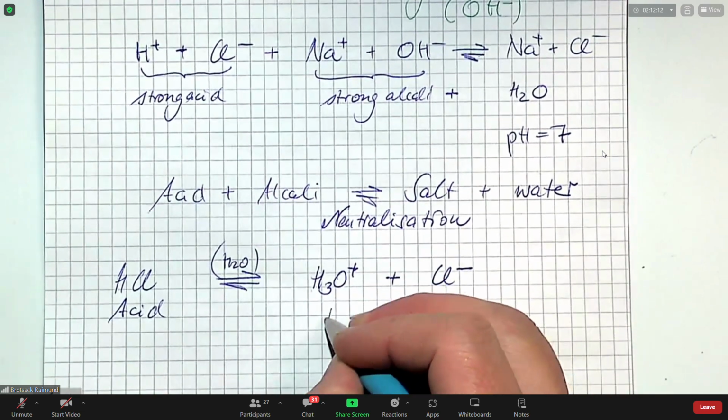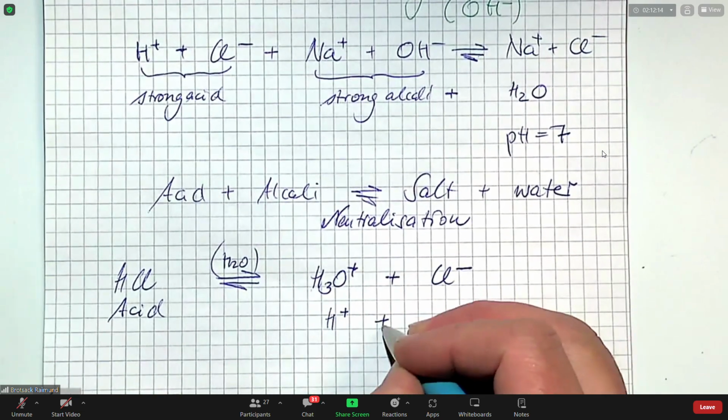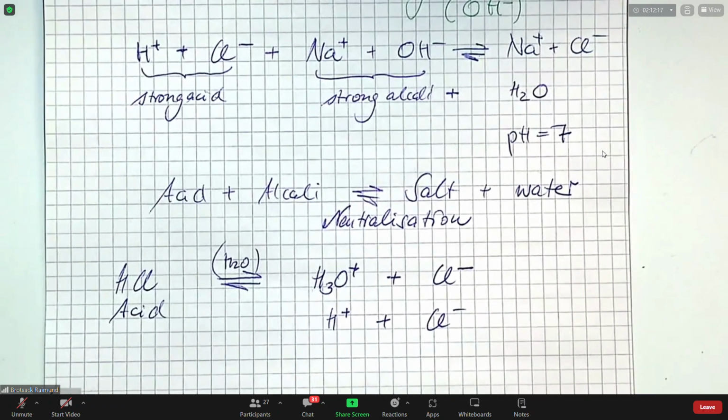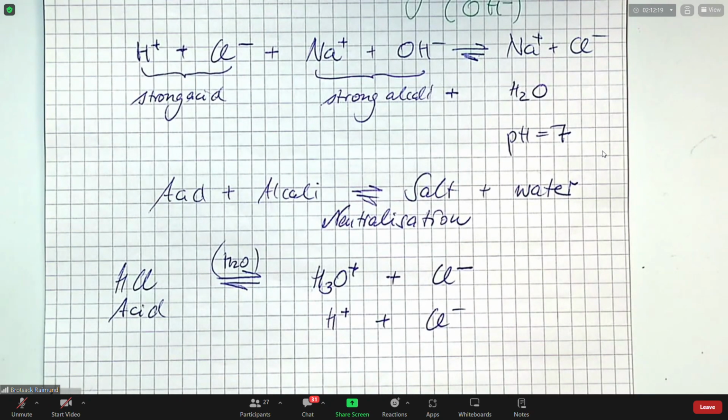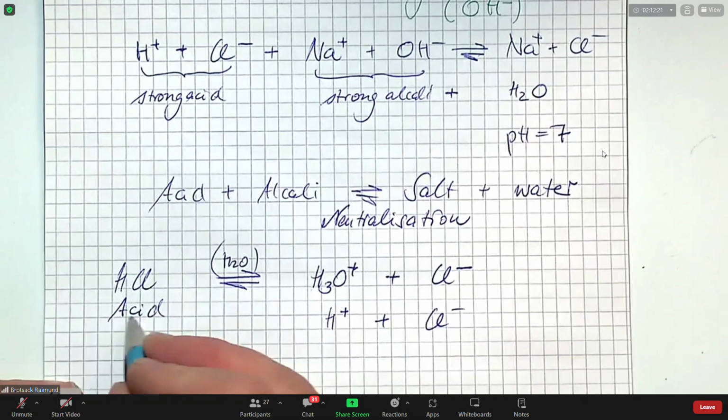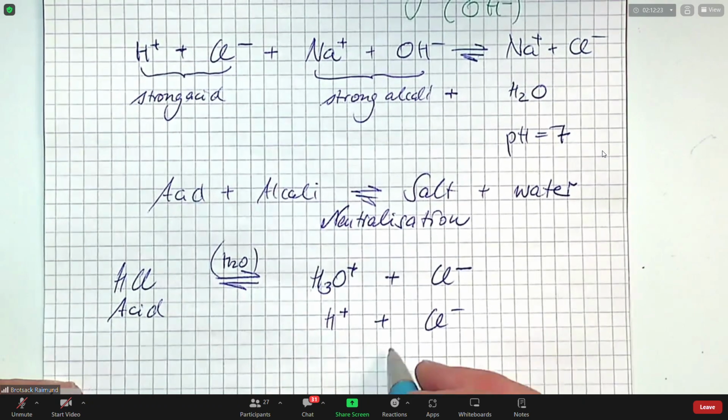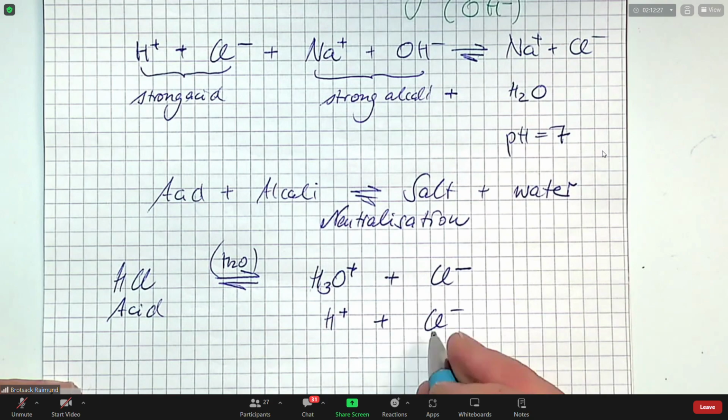Or when we leave the water away, H plus and Cl minus. This is the acid, and this is what we call the conjugate alkali.